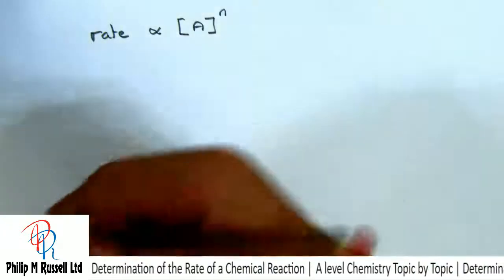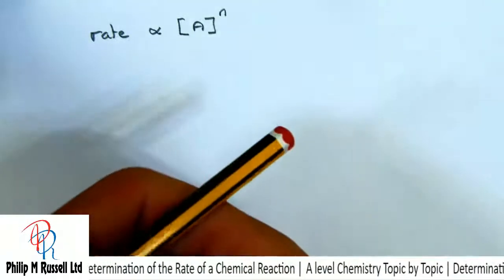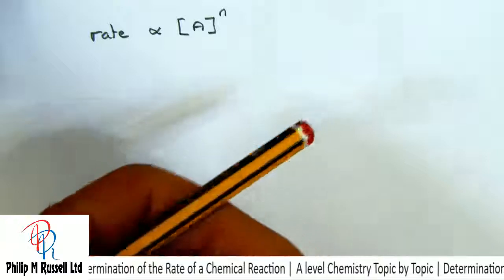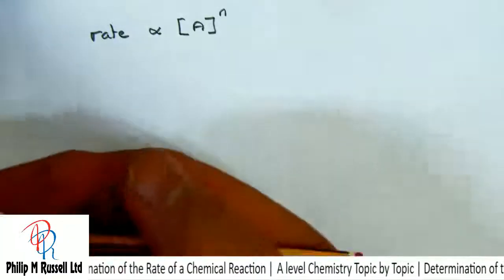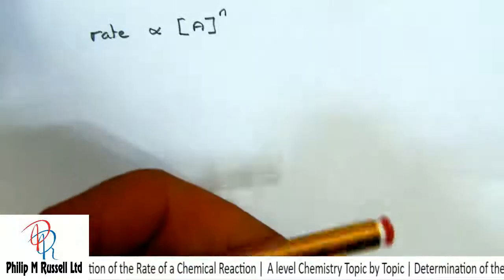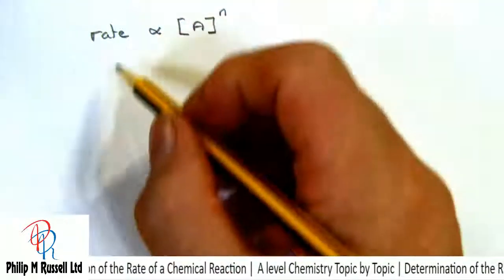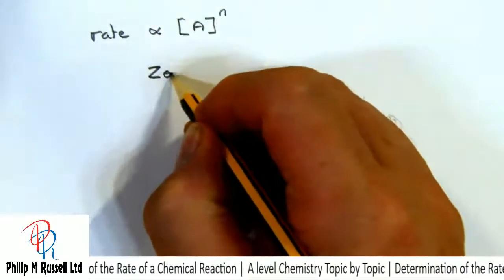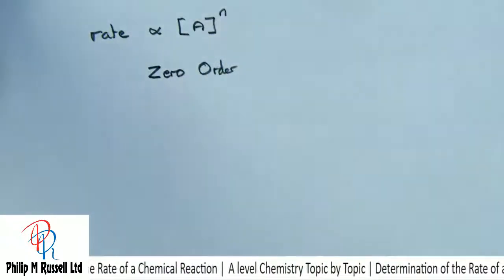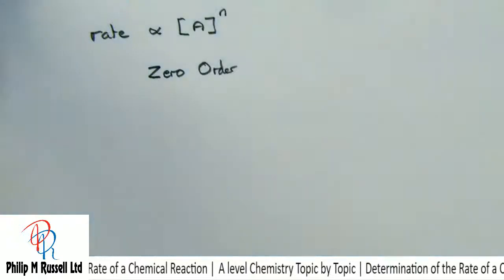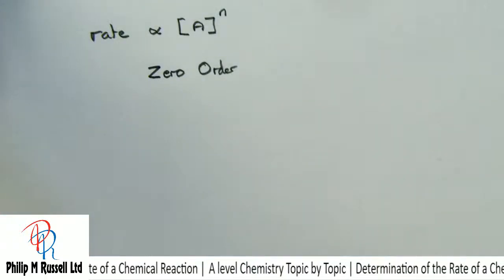In a reaction, different reactants can have different orders, ways that they work, and how that affects the way they collide and what they do. So we've got, first of all, a zero order reaction. Now, what does a zero order reaction tell me?